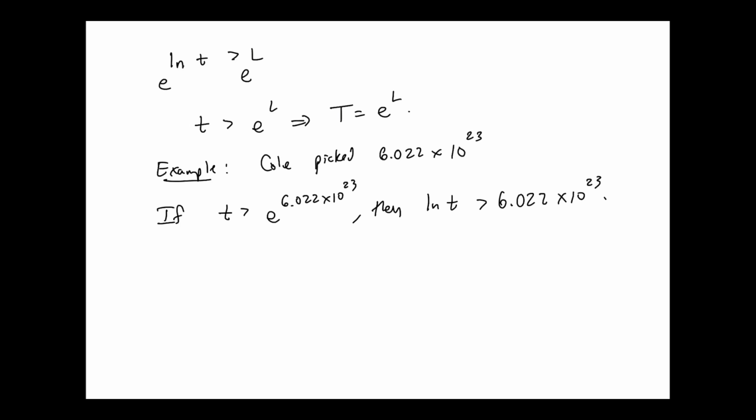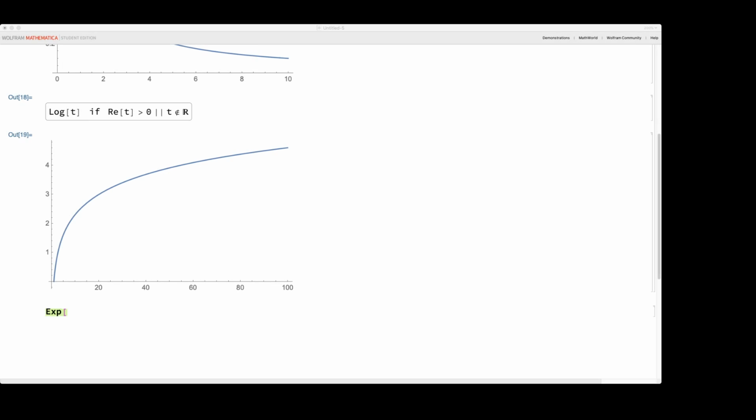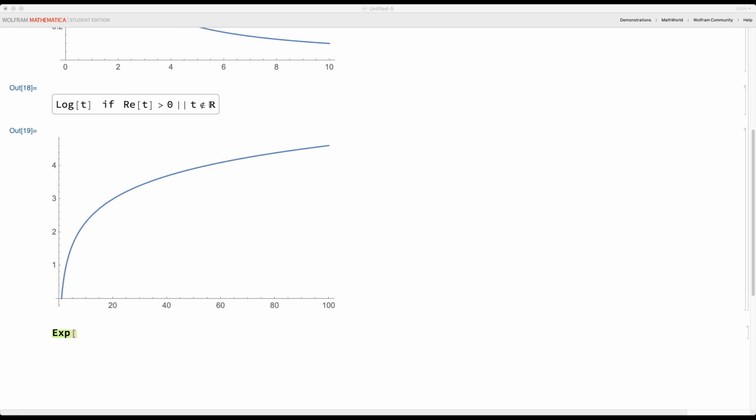I need to switch back over to Mathematica, and of course I have not made a preview thing for that. Okay, so I've got Mathematica on here.